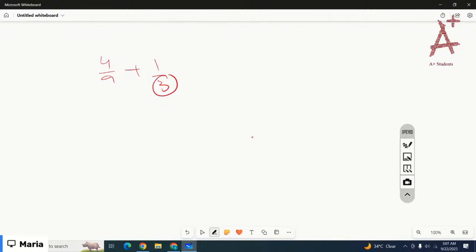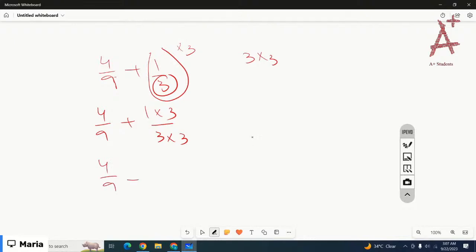So here you have 3, and here you have 9. 3 times 3 makes 9, right? That means you have to multiply this fraction by 3 to make their denominators equal. Let's multiply this fraction by 3: 1 times 3 divided by 3 times 3.